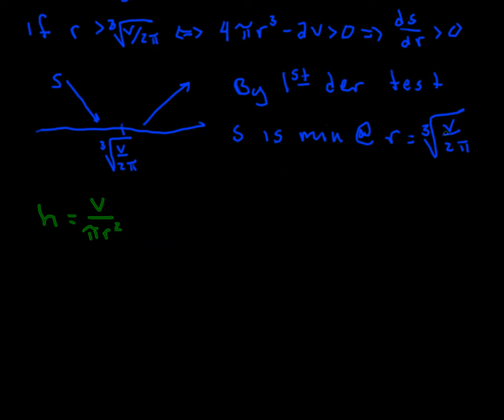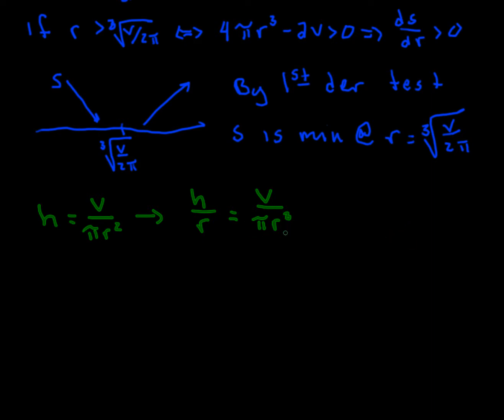The biggest reason is I look at here and I say, oh, r is being cubed, or cube rooted, but here r is being squared, which means I'm going to end up with a bunch of two-third powers, and I'm not crazy about that. But if I divide both sides by r, which I can because the radius is not 0, this tells me that h divided by r is the same as v divided by pi r cubed.